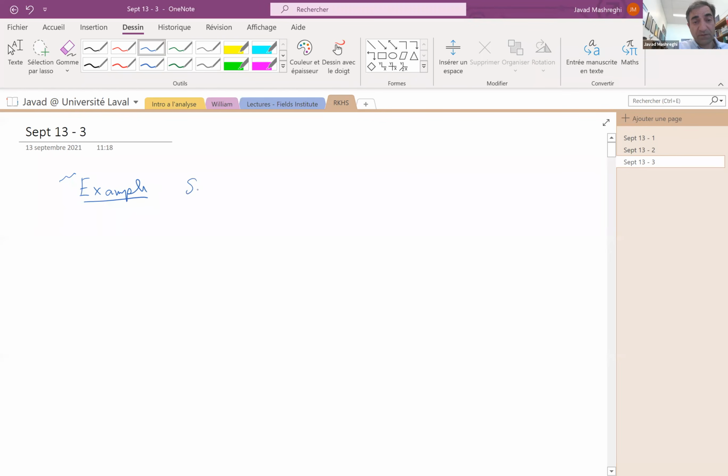So I commence with the Sobolev spaces, version 1. To do this, I need to recall a definition again from analysis. Maybe in the second or third course of analysis, you see this.